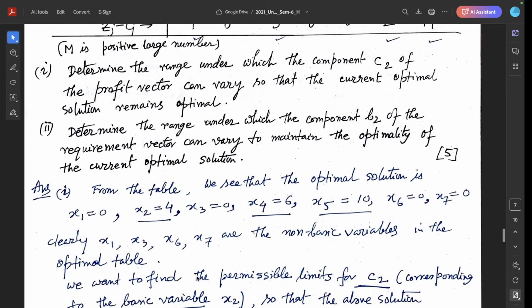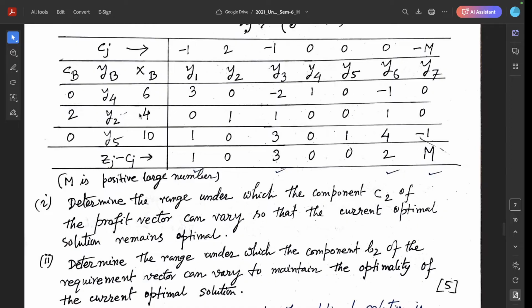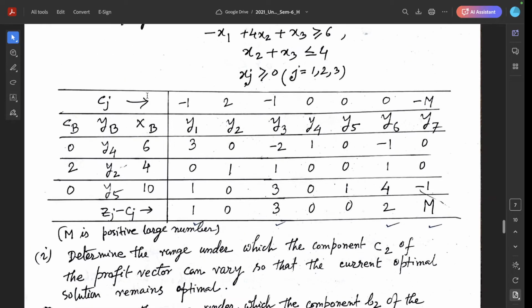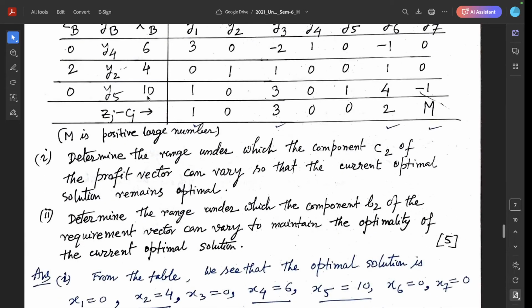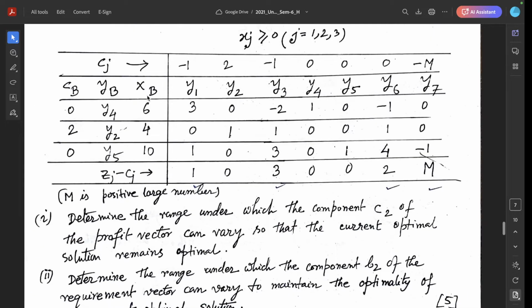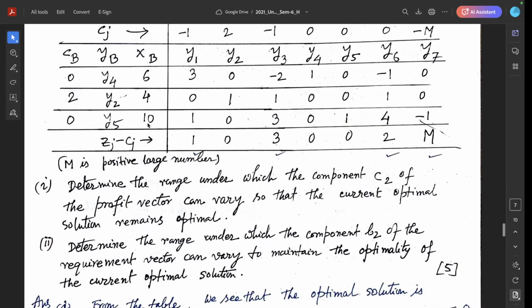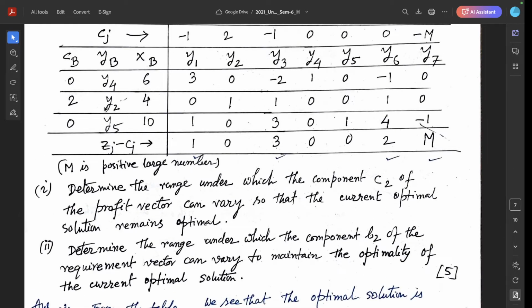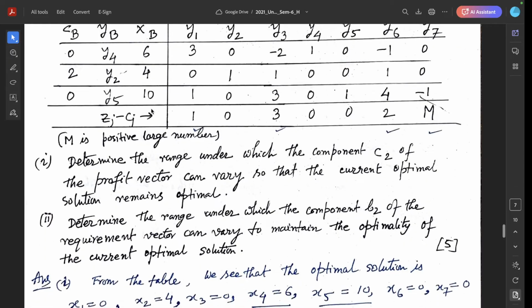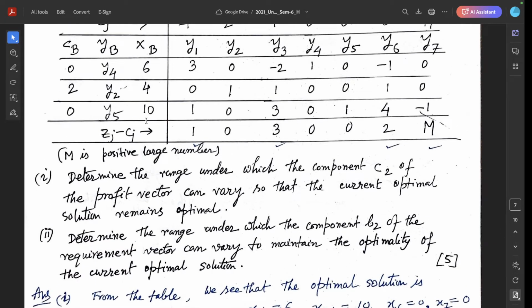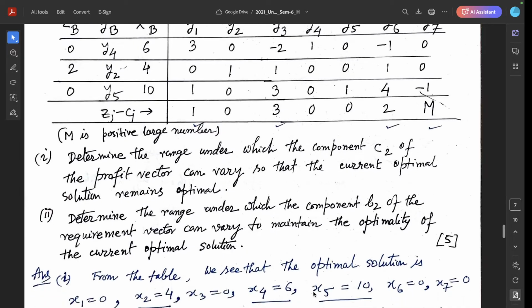From the final table, we see that the optimal solution is x1 equal to 0, x2 equal to 4, x3 equal to 0, x4 equal to 6, x5 equal to 10, x6 equal to 0, and x7 equal to 0.